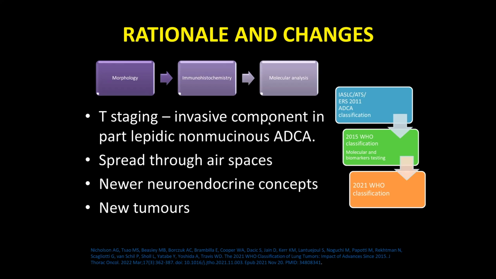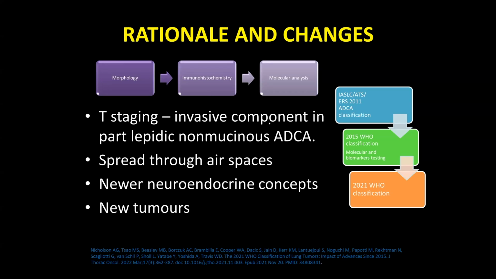We will look at all these things in detail. But crisply summarizing the 2021 major changes, the T staging is dependent on the invasive component, that is the solid component of the lepidic non-mucinous adenocarcinoma. In order to understand all this, we have to go back and get to know what these terms are. So we will look at them in detail.